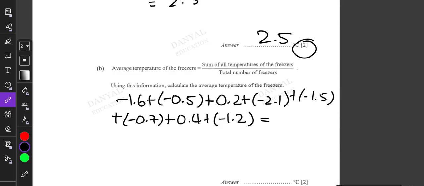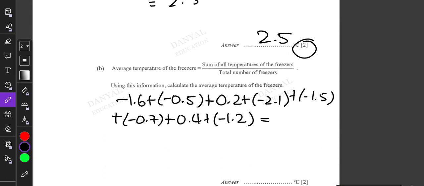So you should get minus 1.6 plus minus 0.5 plus 0.2 plus minus 2.1, minus 1.5, minus 0.7 plus 0.4 minus 1.2.